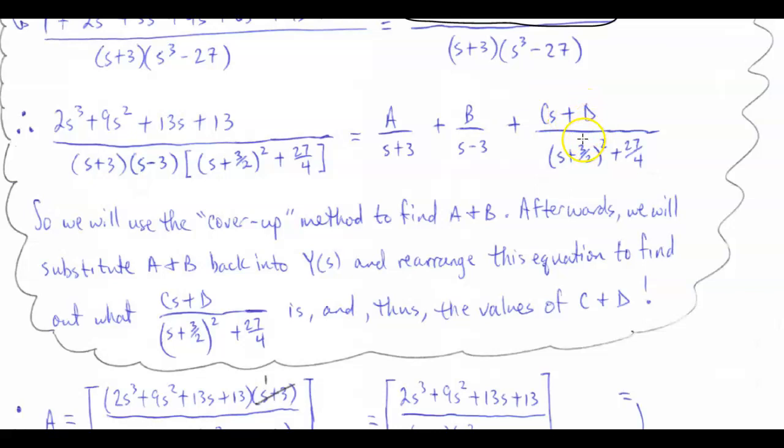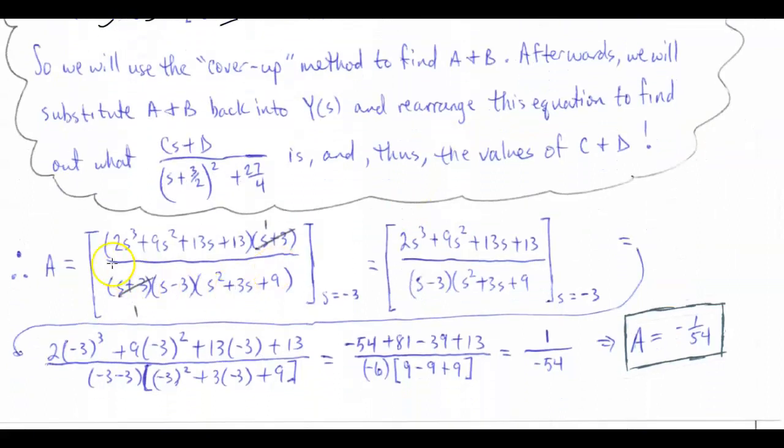I'm saying that because we have 1, 2, 3 factors here. So I could technically do the cover-up method to find A, B, and D, plug all those in, rewrite everything, and then find out what the constant C would be at the end. But I think it'll be a little easier if I just do A and B and start it. We'll see how it goes.